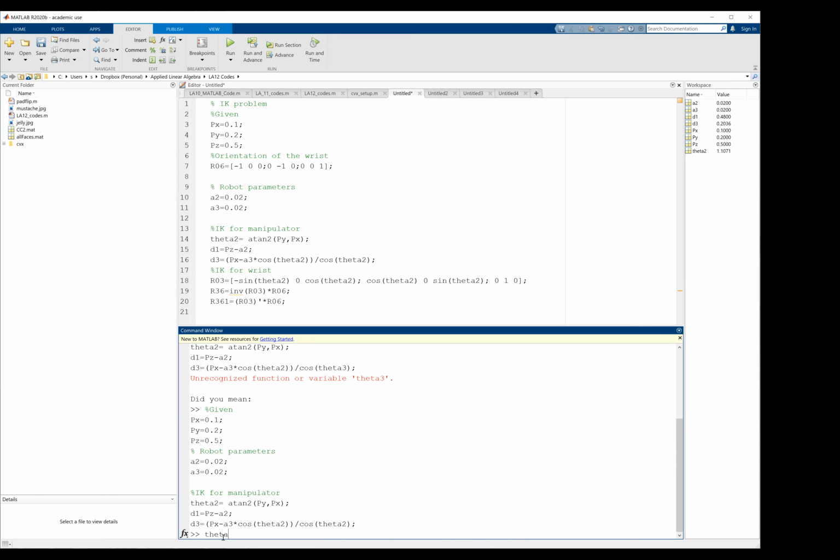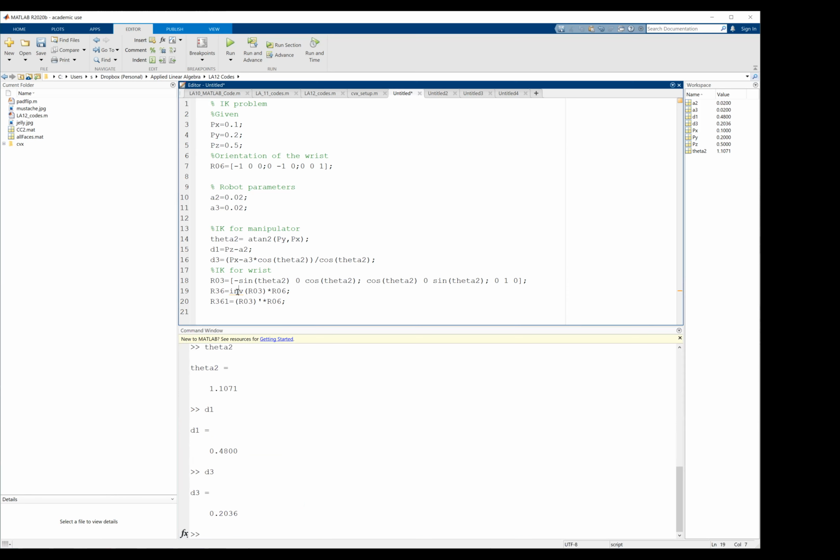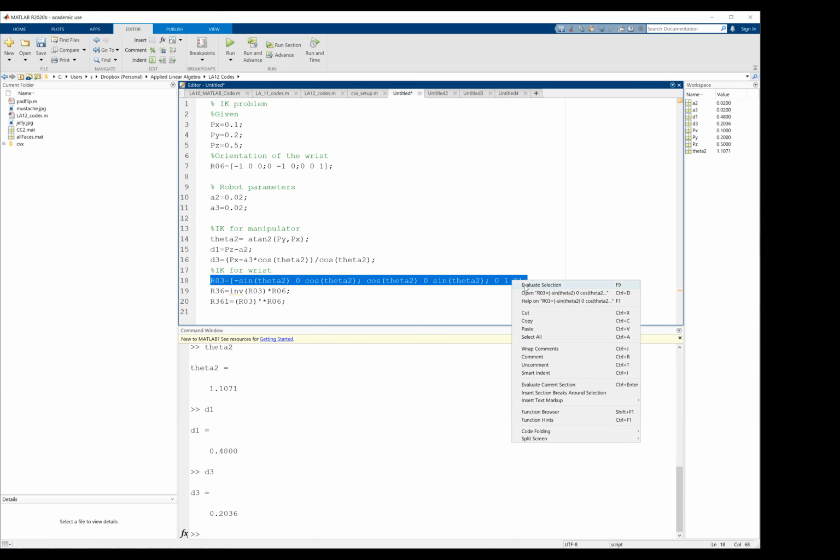So let's see what is happening with theta 2. Theta 2 gives me 1.17. Let's see what is the value of d1. d1 gives me 0.48. d3 gives me 2.36. Are these the values you got? Okay, now the next part: let me run R03.